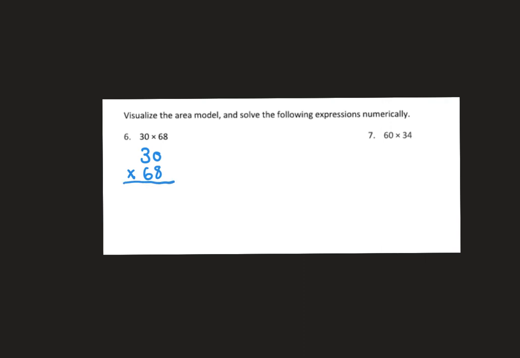Okay, so now if we're visualizing it, the first big box we will have 30 times 60, because this would be broken up to 60 and then 8. So we have 30 times 60, which will give us 6 times 3 is 18, plus 2 zeros. And I will actually write that in a different color.